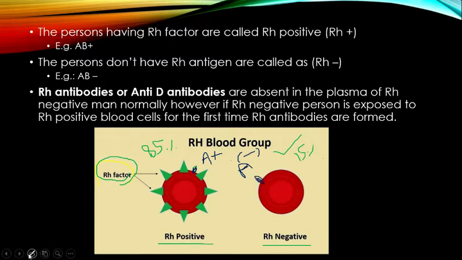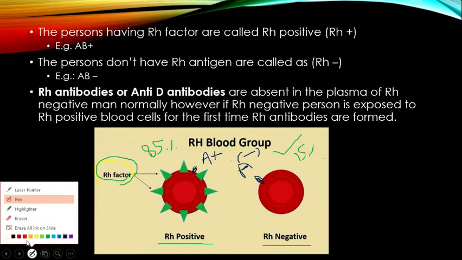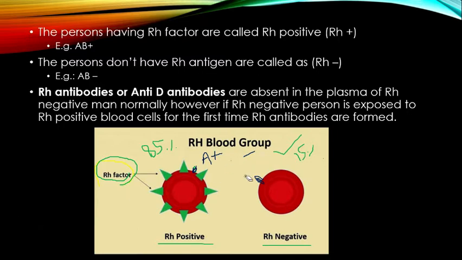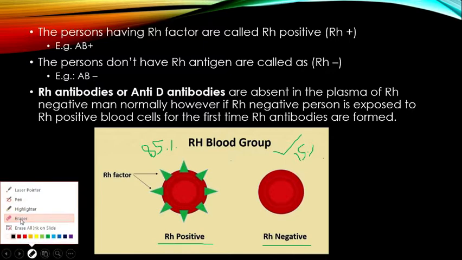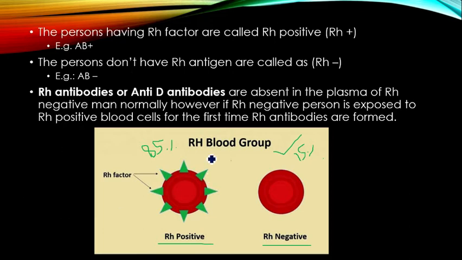Based on that, we can identify that B positive persons contain two antigens on their RBC. Number one is antigen B, because of which they are B blood group. Then apart from B antigen, B positive people also contain the Rh antigen, or Rh factor, on their RBC.